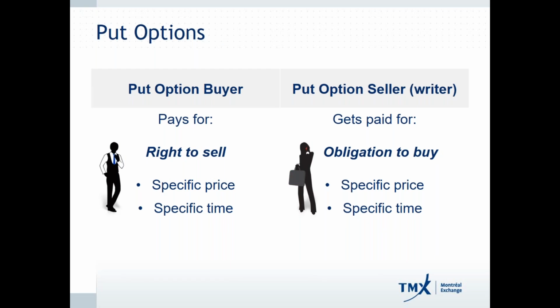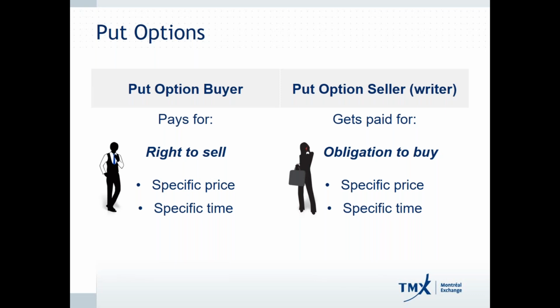Now, there's a second type of option, which is called the put option. And the put option is contractually, in almost every way, mathematically calculated the same way as the call option, with one very, very important difference. And that is, notice that for the put option buyer, it is the right to sell, not the right to buy.